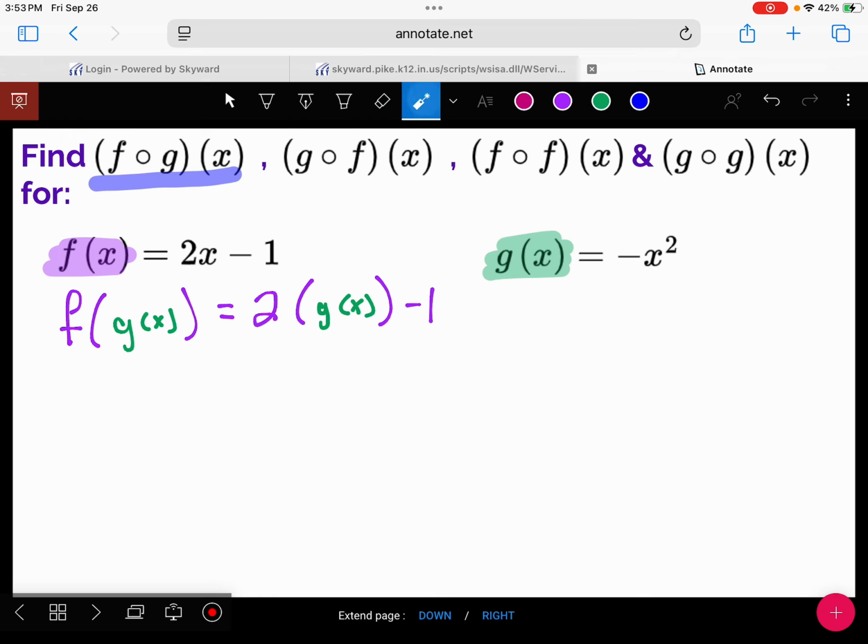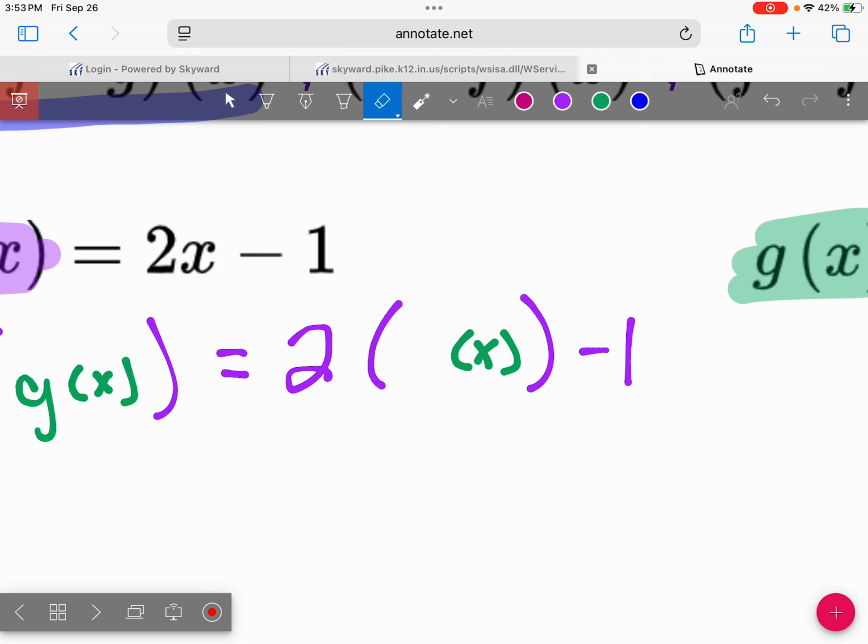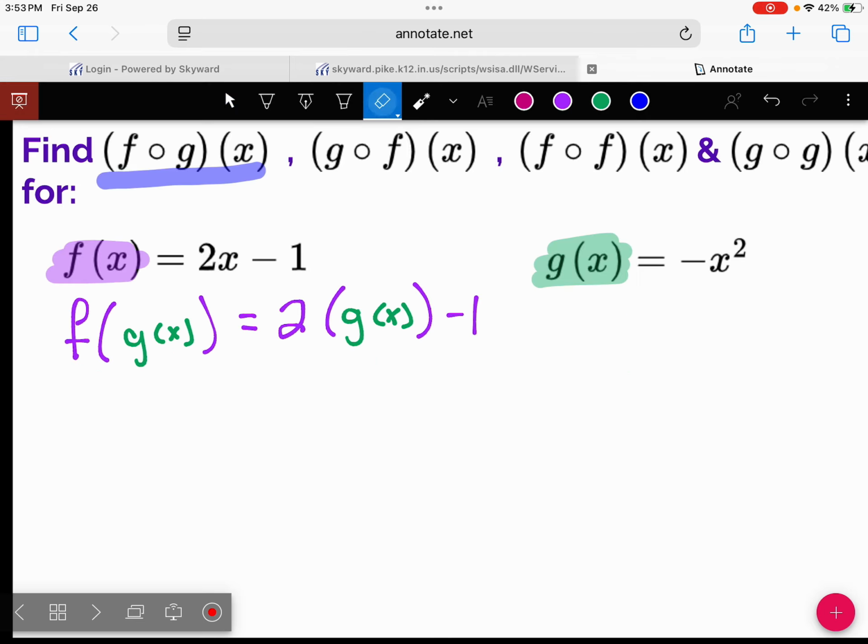Minus 1. So this whole function is here. We're just going to try and put g of x in place of the x. You do not have to write this step out. Hang on, let me fix that g because that looks very bizarrely y-ish. There we go. You do not have to do this step where we write g of x right here. We're going to go ahead and substitute the whole thing in.